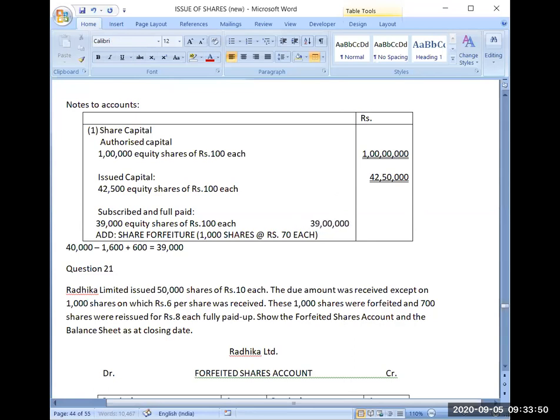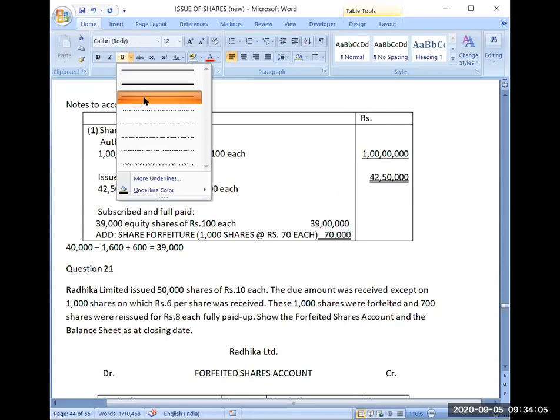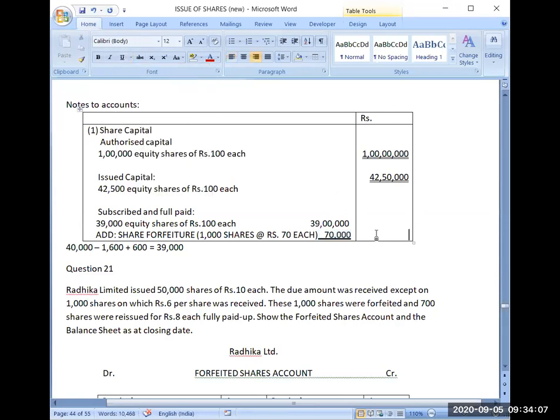So this amount will be 39 lakh and this amount will be 70,000. And the final amount will be here 39 lakh 70,000.